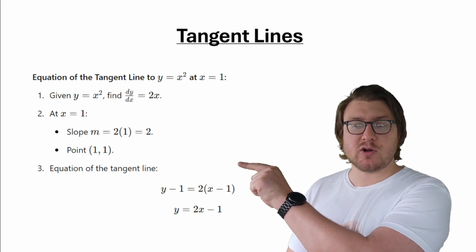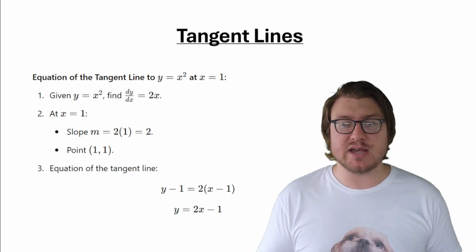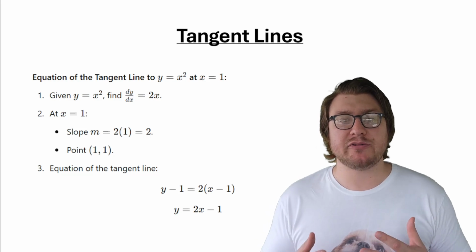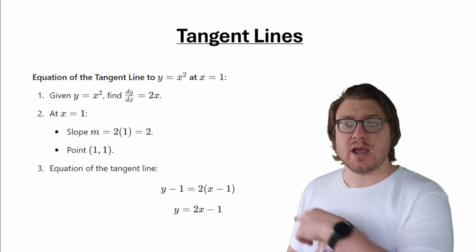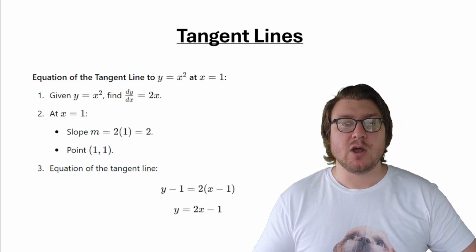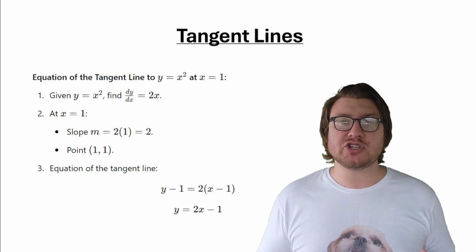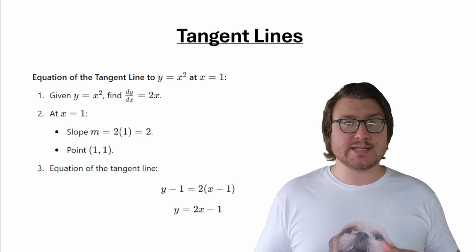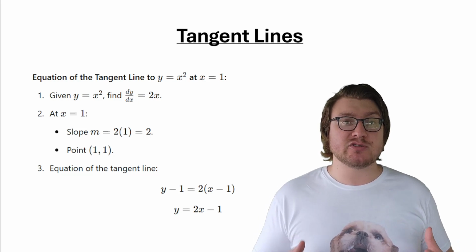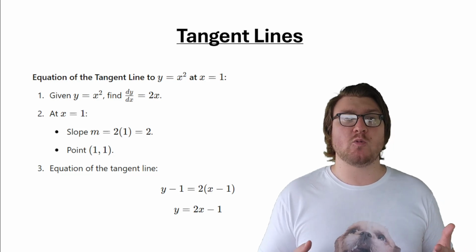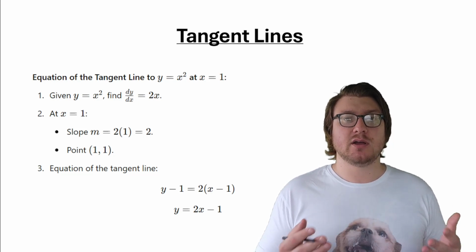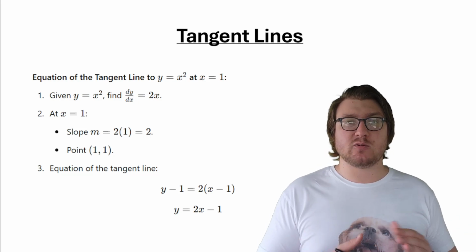Now we also need the coordinates of the point, and it's been given here as (1, 1), but how do we find the y value for this point? We know x is 1, but how do we find y? Well, always remember the original equation y equals x squared gives us the relationship between x and y. So we can substitute in 1 into x squared. 1 squared is 1, to get the y value of 1.